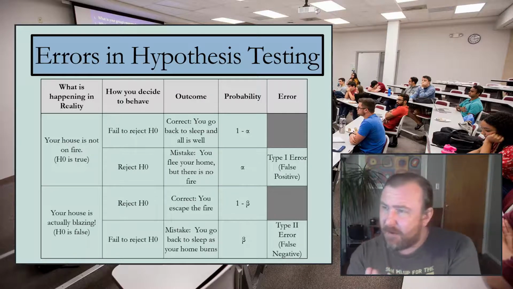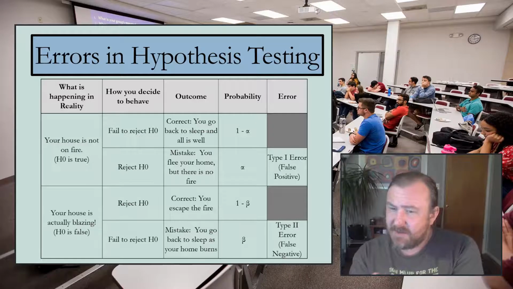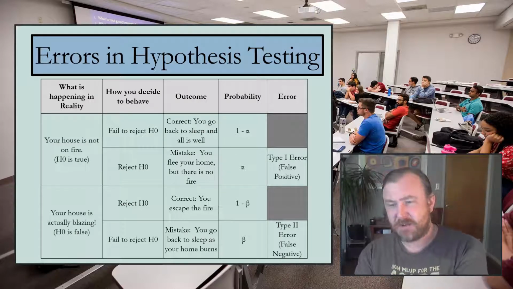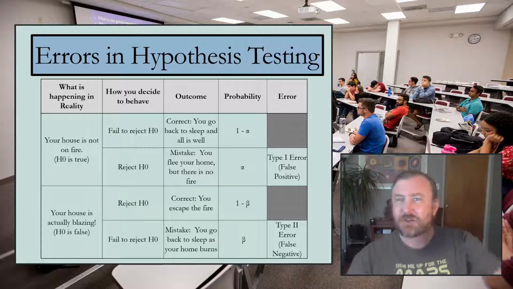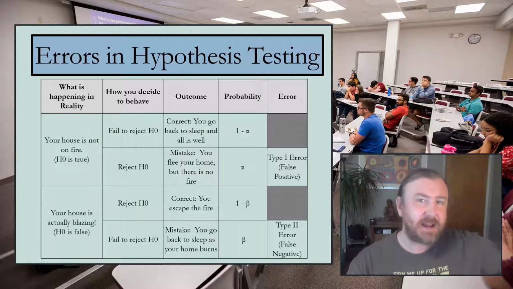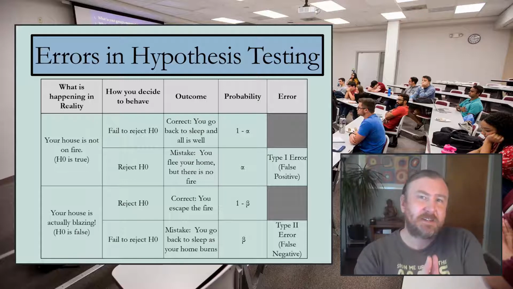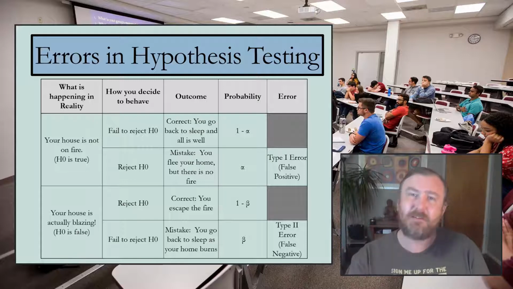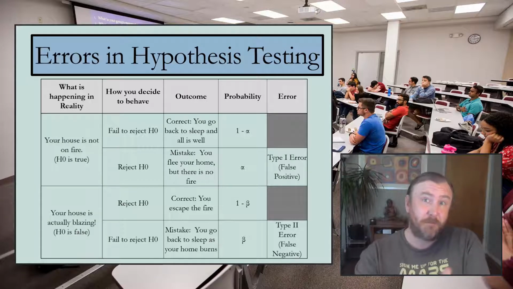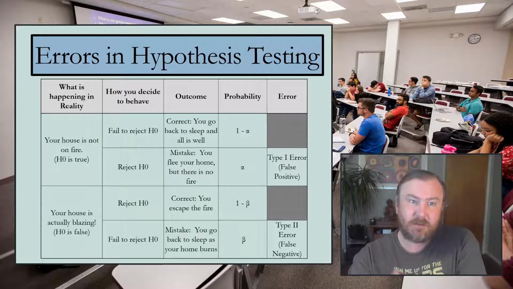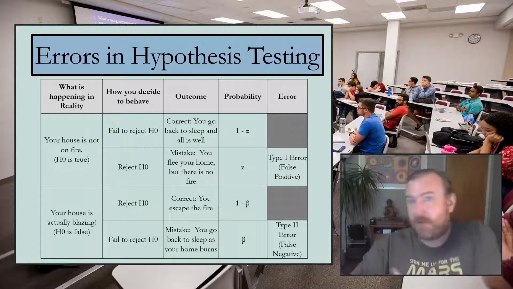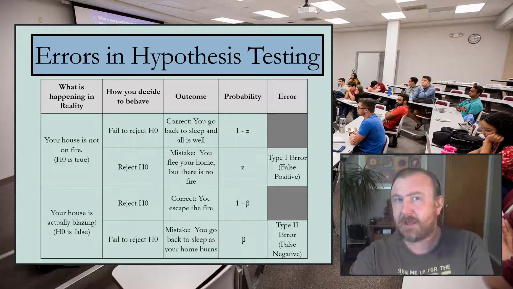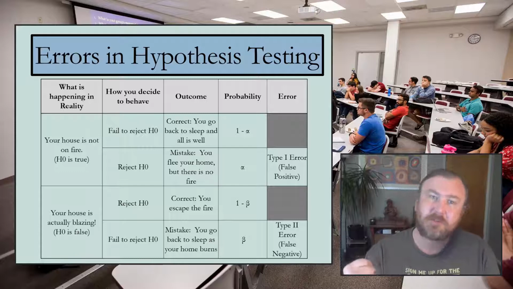But you see, if we make the test require a higher standard of evidence to determine pregnancy, then we're naturally making it so that there's a higher rate of false negatives, right? If the test requires such a high level of evidence, then sometimes people might not detect weaker levels of hormones or something, and the likelihood that a false negative is going to happen is going to be increased.